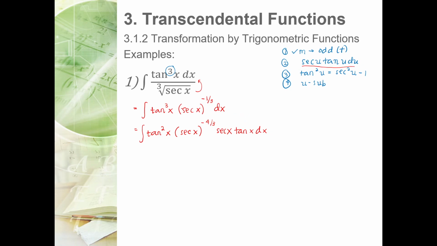Why is it negative 4/3? If we take 1 away from negative 1/3, using the shortcut, minus 3/3, that's negative 4/3.